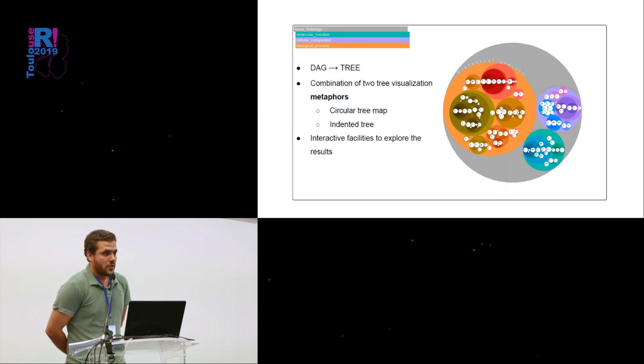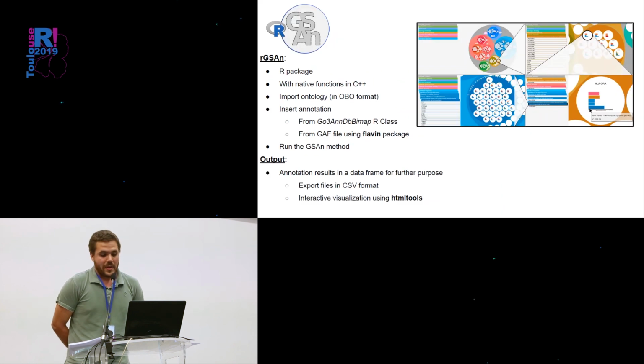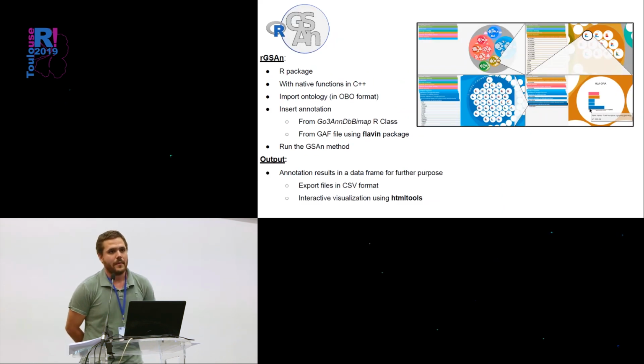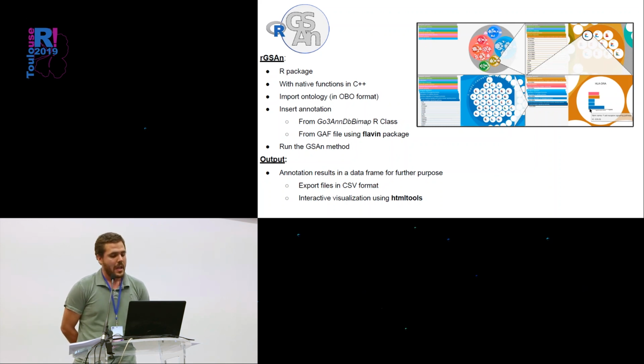For that, we combine two tree visualizations, a circular treemap and an identity tree, and we provide interaction facilities in order to explore this result. We have here some examples of the possible interactions that we can have for the visualization.